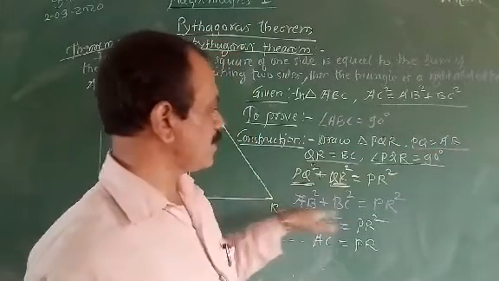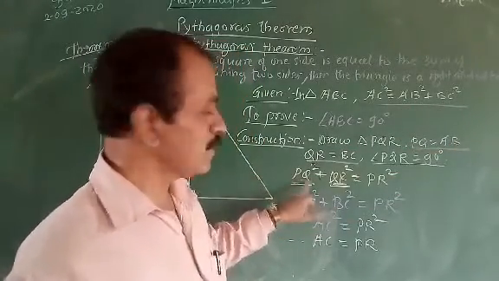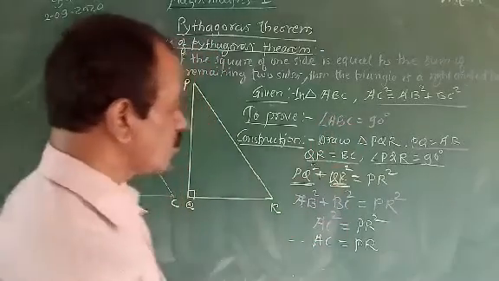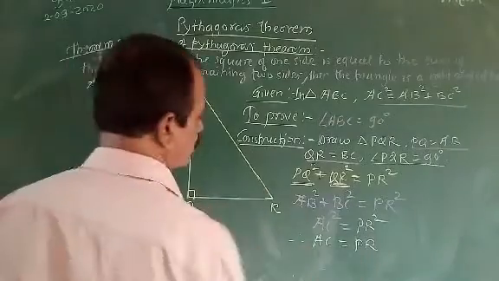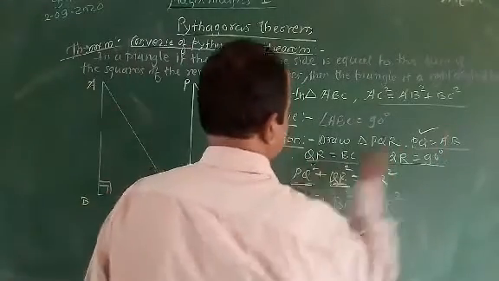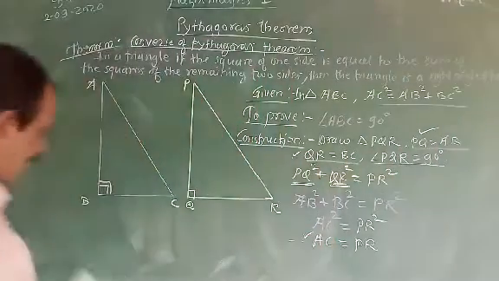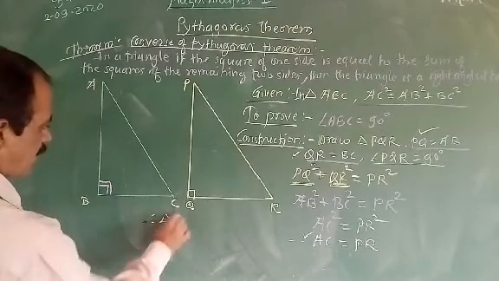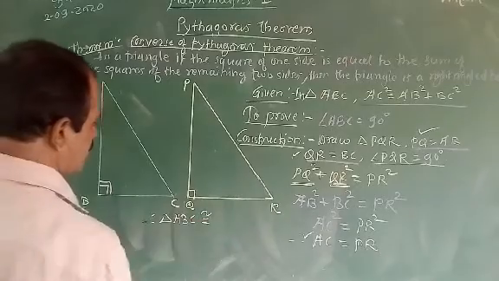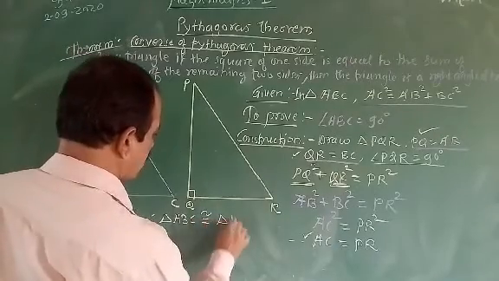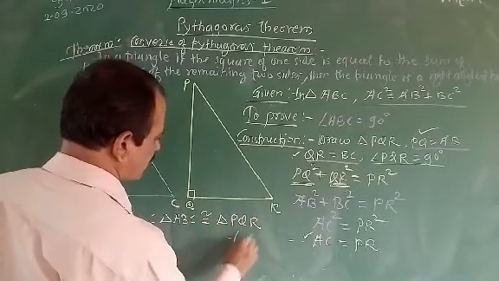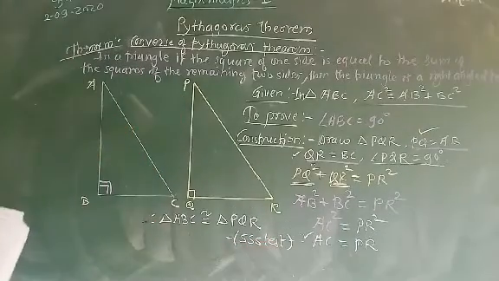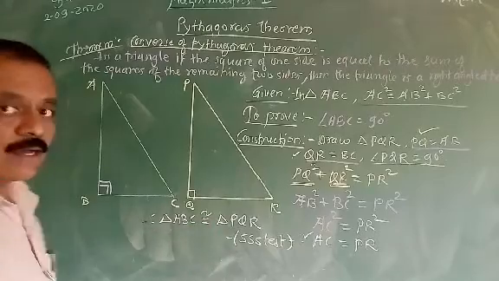And here AB is equal to PQ as given, and BC is equal to QR by the construction. So from this AC is equal to PR, and these are the three sides. Therefore, triangle ABC is congruent to triangle PQR by the SSS test of congruency of triangles.